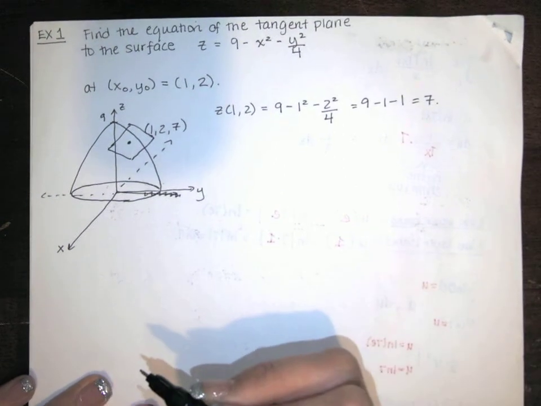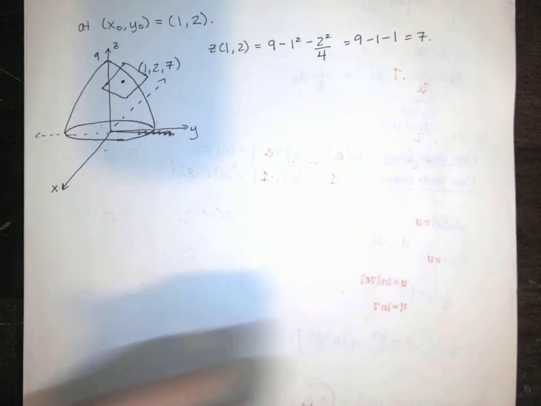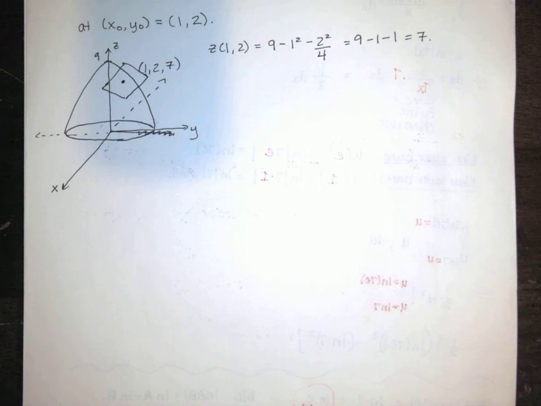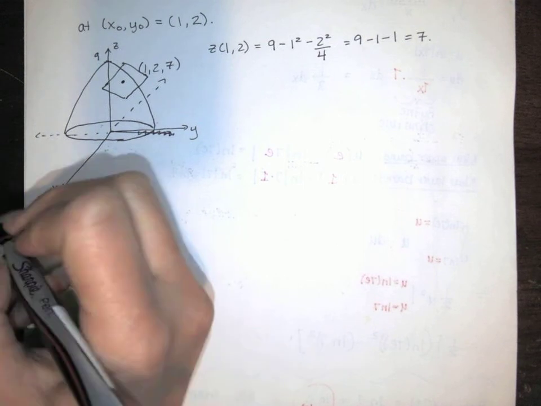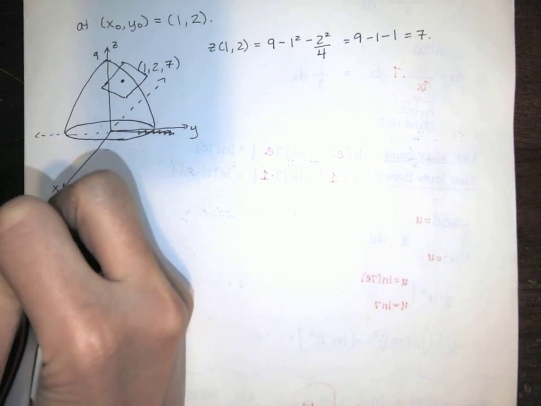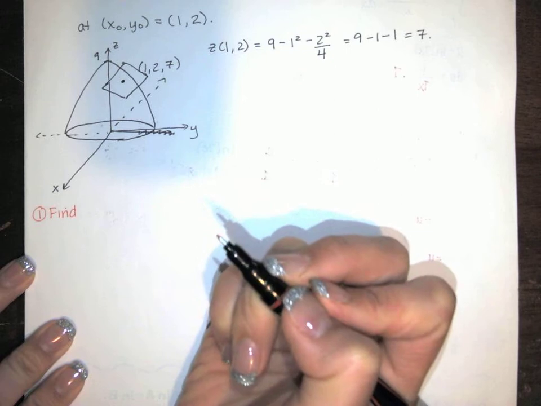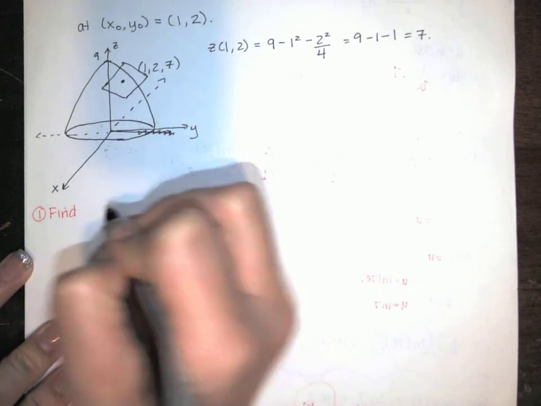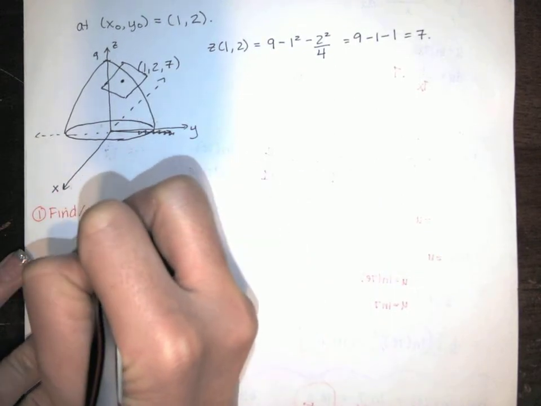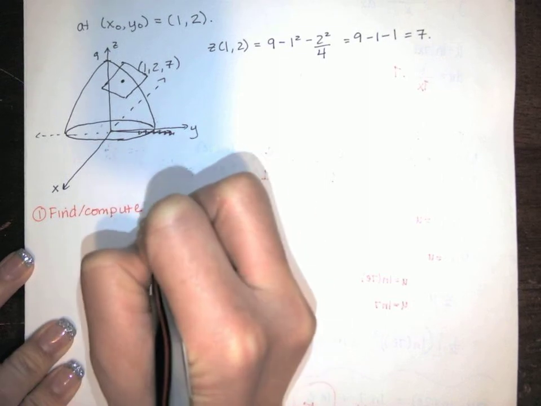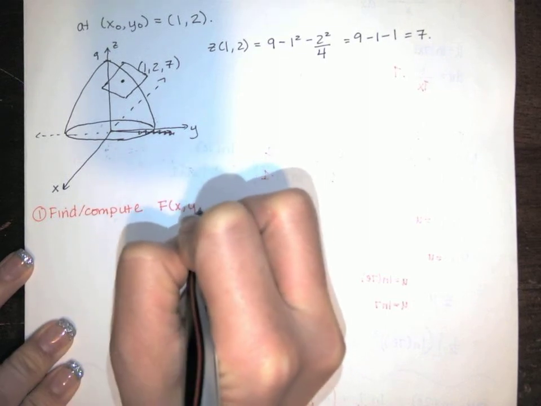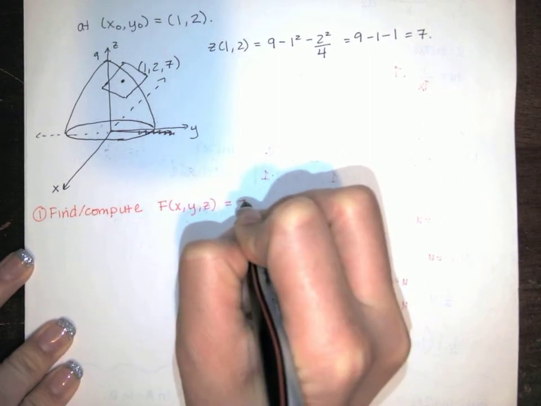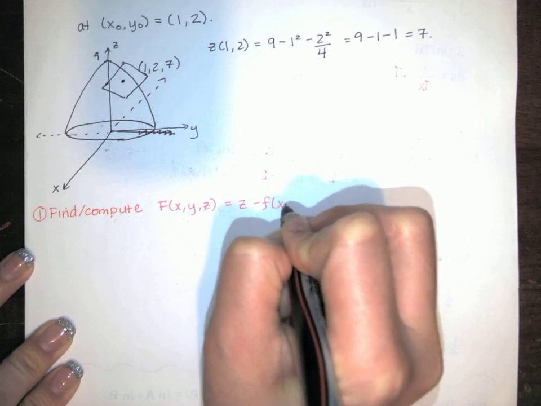The first thing that we do whenever we want to find the tangent plane to the surface is we find a function of 3 variables, F of x, y, z. I'm saying find, but you're really just rearranging the original equation. I guess we're computing F of x, y, z, and that will be given by z minus f of x, y.